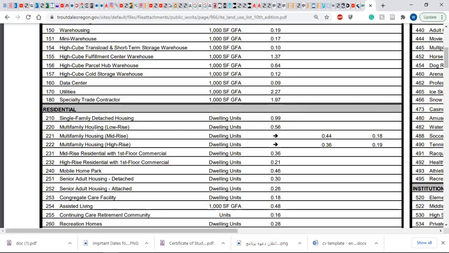For multi-family housing, low rise, here buildings where the number of floors is not high, it's 0.59, 0.56.